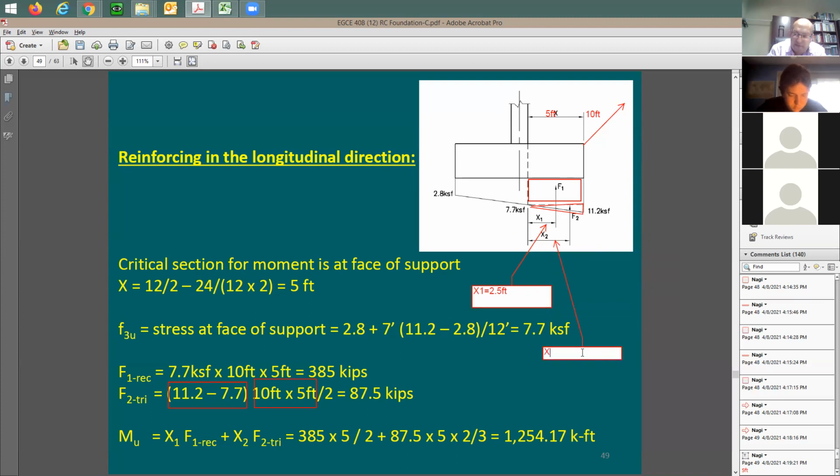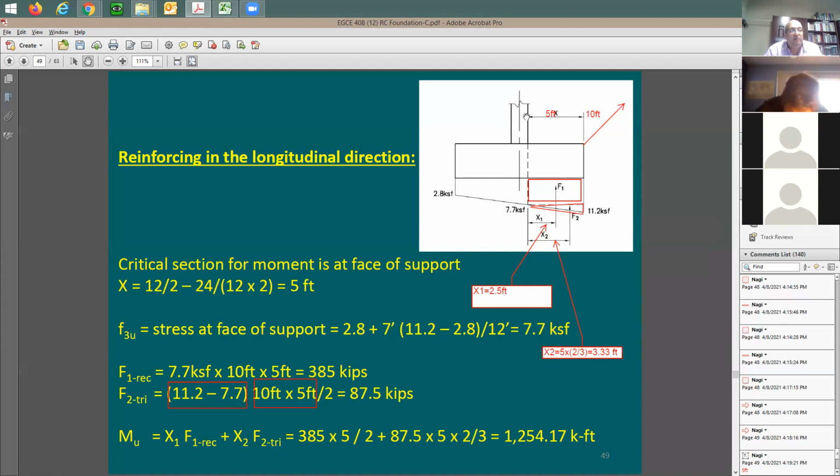Yeah, okay. x2 is going to be equal to 5 times 2/3, correct? Yeah. Very good. Why 2/3? Because usually this point load is going to be right at 1/3 from the base of this triangle. So the leftover of it, this x2, is going to be 2/3.